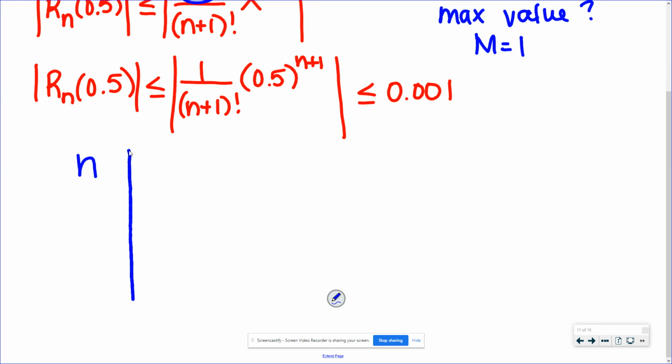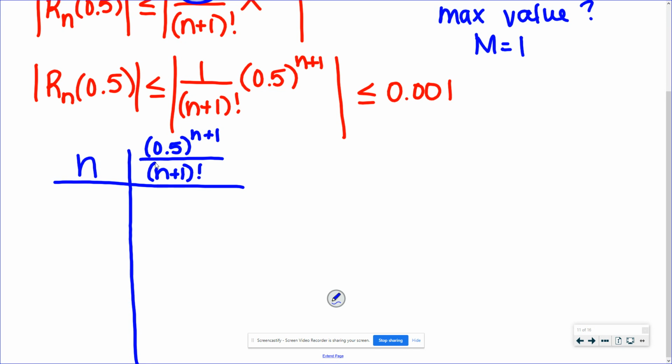So what I like to do is make a table, and I'm going to kind of set up what I'm doing in this table. What I'm going to be doing is plugging in values of n until I find a value that is smaller than the error requested. So I'm going to start with the value 2.